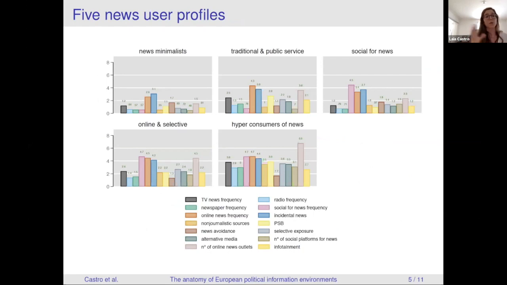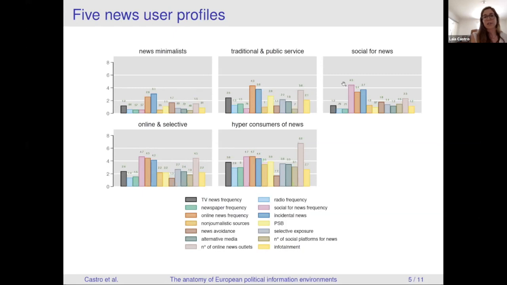For example, what we can see is that we found a first group of news users, which we tentatively called news minimalists, that represent around 17% of the sample, and that score the lowest in all the dimensions accounted for, except for news avoidance.